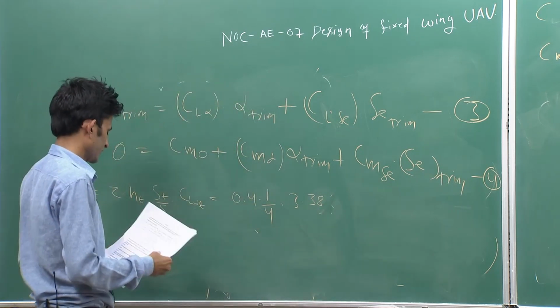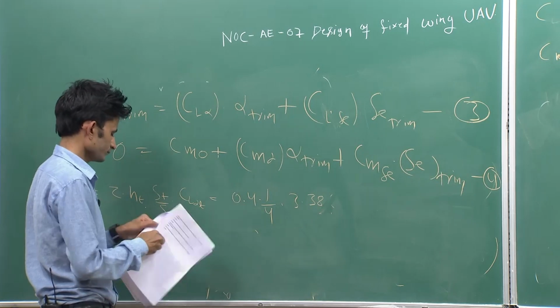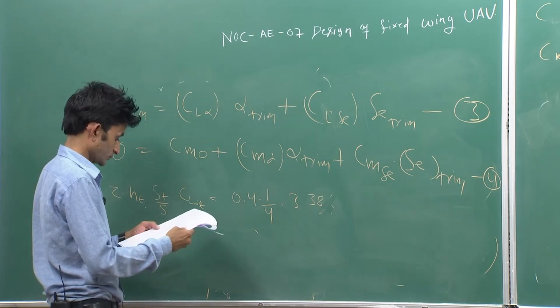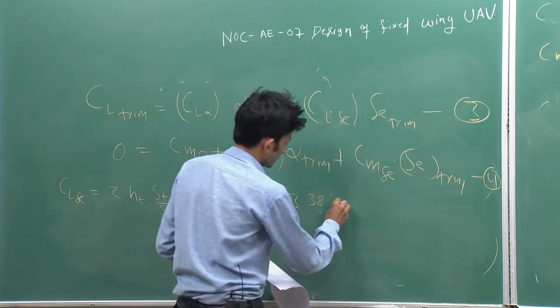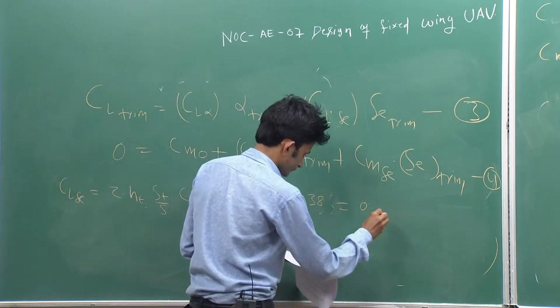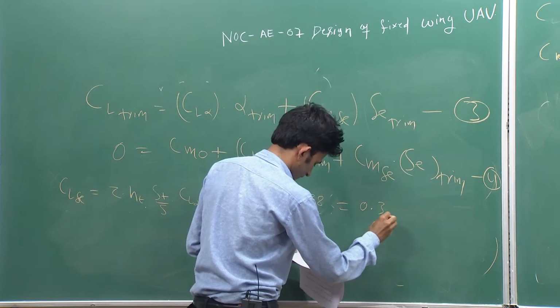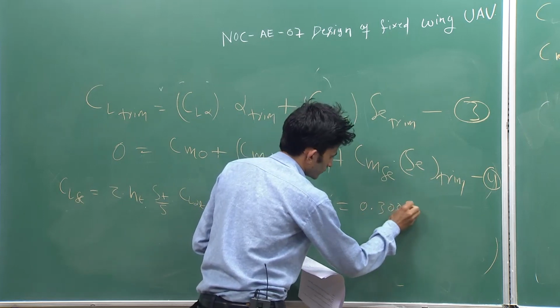So your CL delta E will come approximately 0.30082.